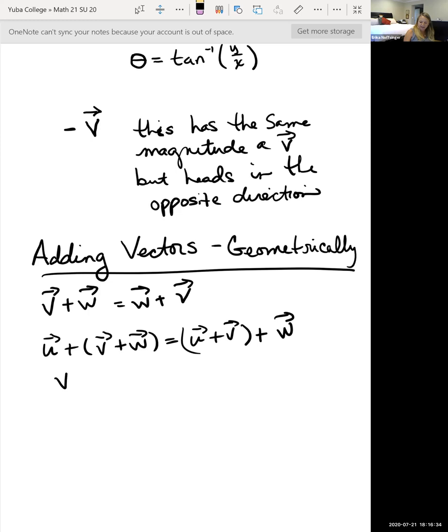If I take a vector and I add it to the 0 vector, it's the same thing as if I took the 0 vector and added it to the vector, and I would just get back the vector I was adding to the 0 vector. If you add a vector to the opposite, the negative of that vector, this will give you back the 0 vector.